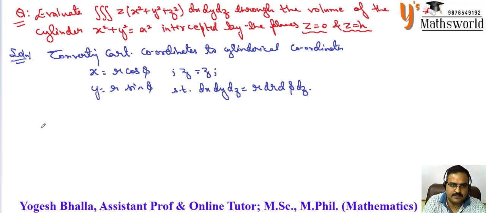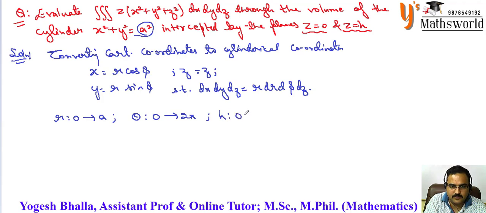Since it is a circle, the radius r varies from 0 to a. Since it is a whole circle, phi varies from 0 to 2 pi, and the height varies from 0 to h, which is given in the statement as it is.